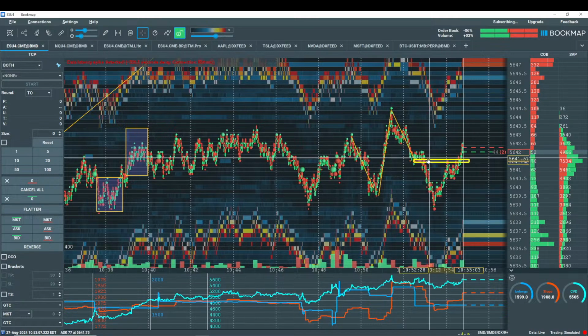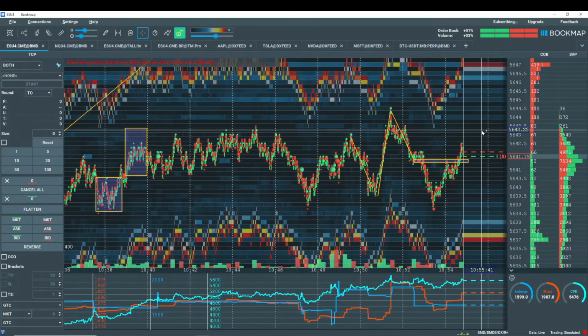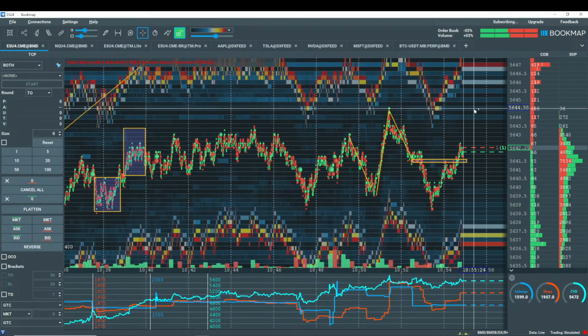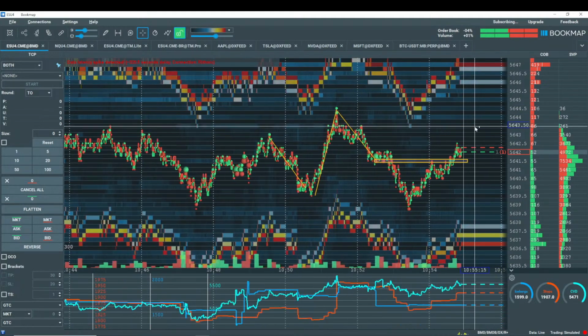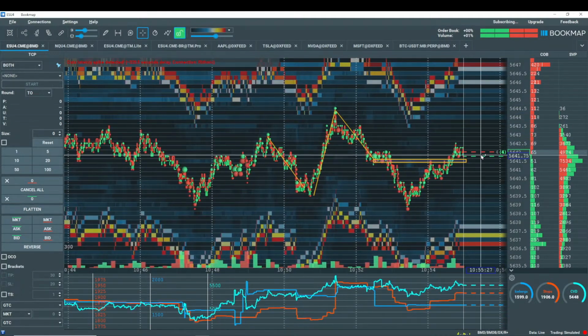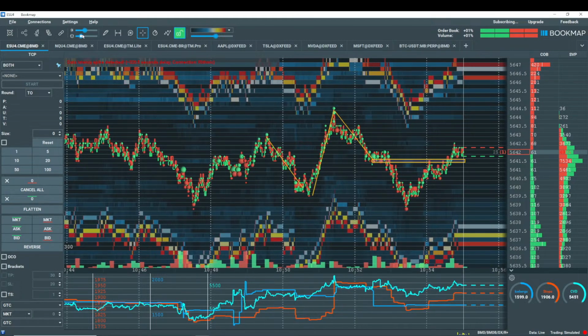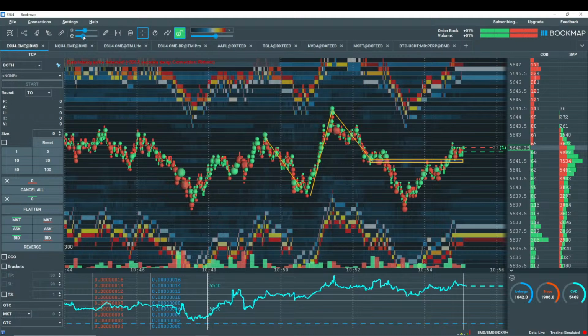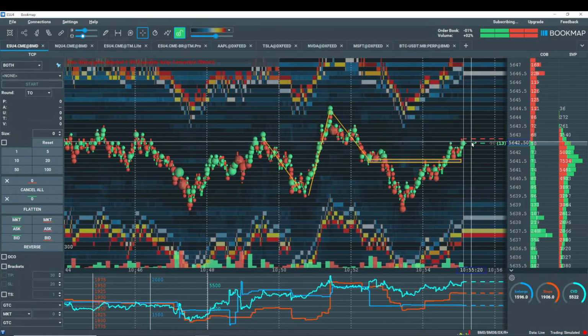Okay, so now we're back up above here. Now this is where it has to happen here. If we are going to move now, this is where there just has to be a lot more buyers here. All right, and let's just bring up the dot size a little bit here to get a little more insight. Yeah, there's enough there.